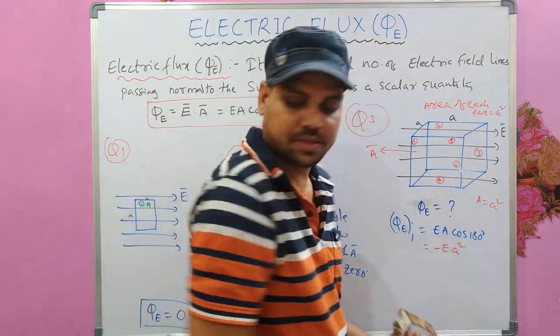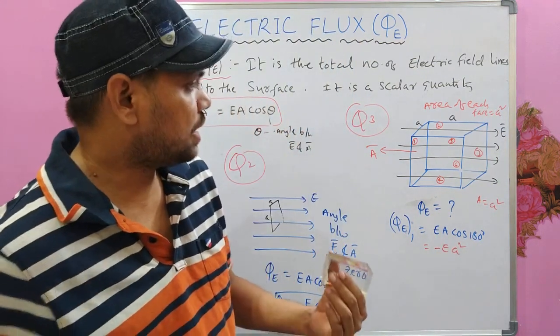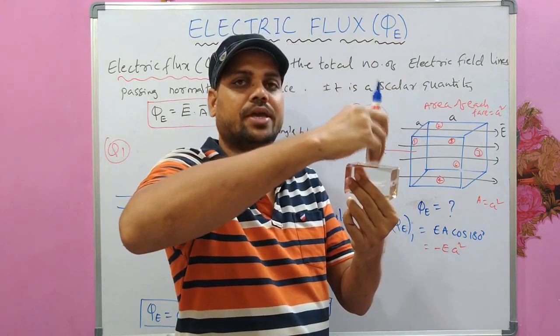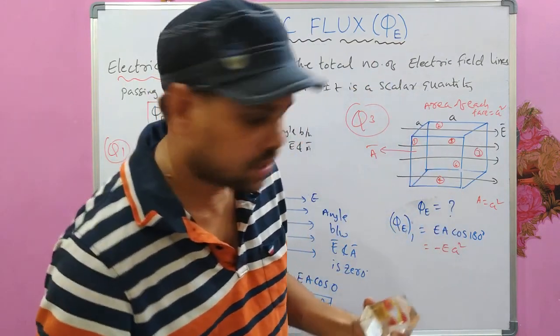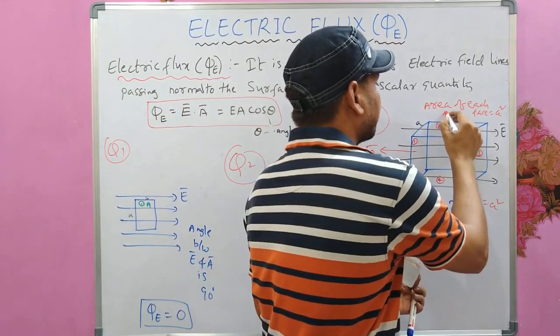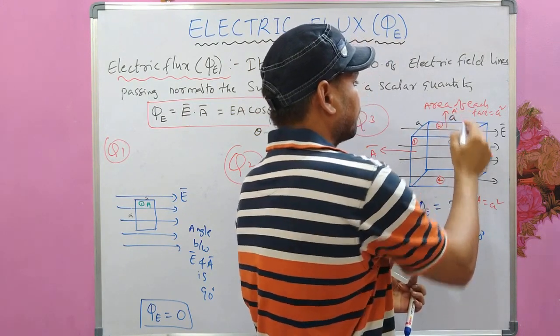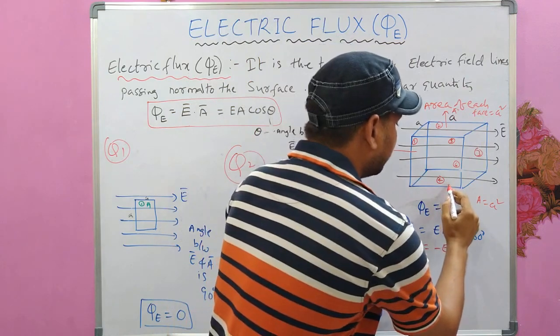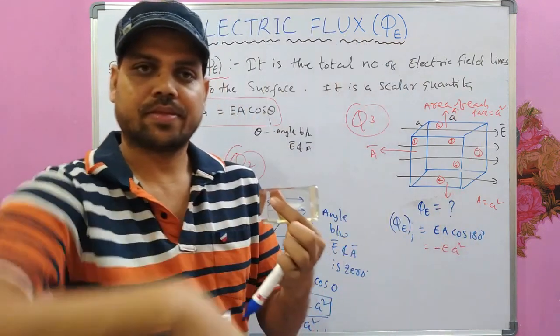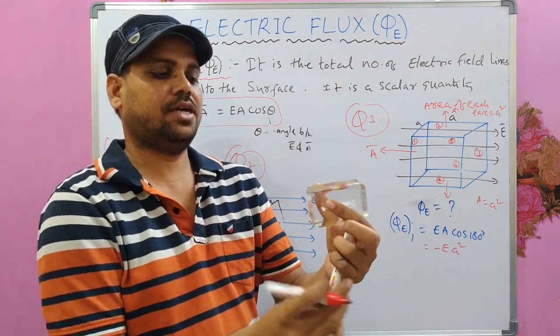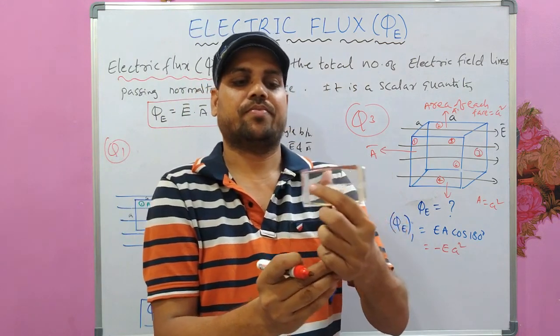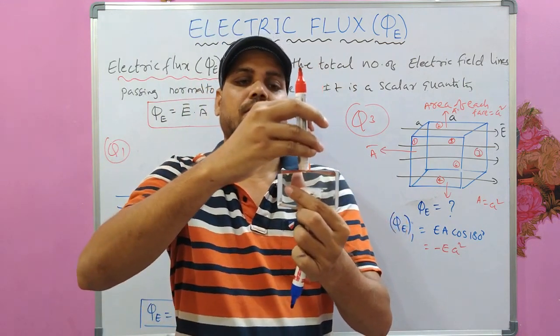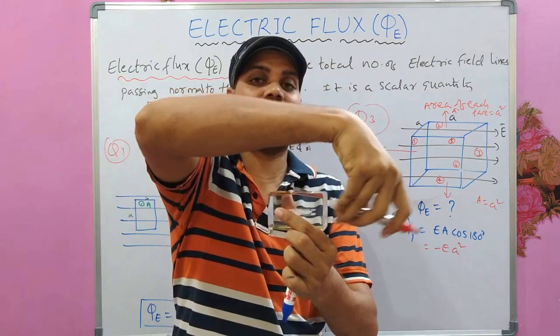Cos 180 is minus. So similarly, if you take 2, area vector for 2 is this way. And for 4 also it is this. Area vector for 2 and 4 is perpendicular to electric field.